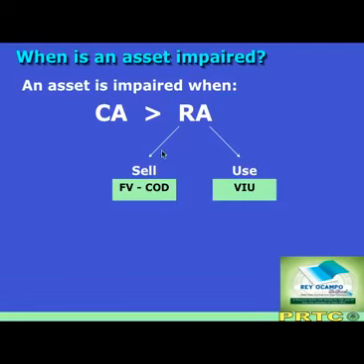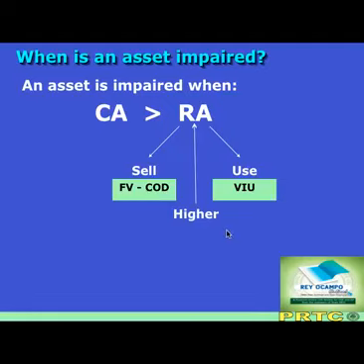Now, sell or use to recover the asset, whichever is higher. So the higher of the fair value less cost of disposal and value in use is the recoverable amount. Now, that's the question: why whichever is higher and not whichever is lower?